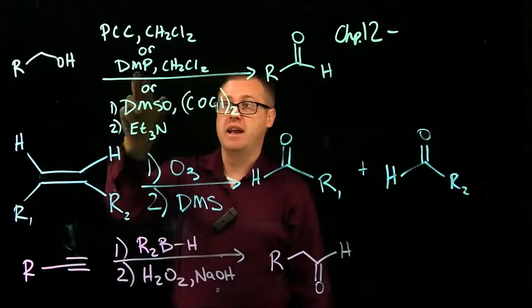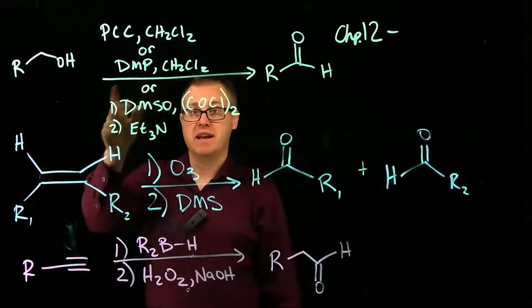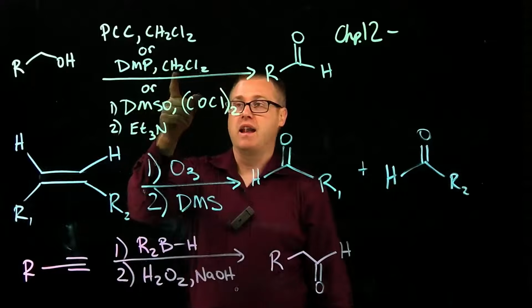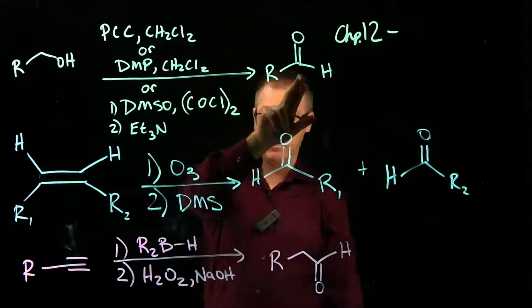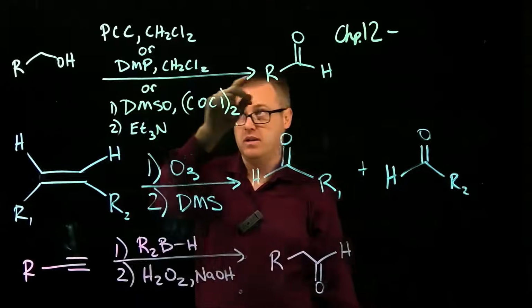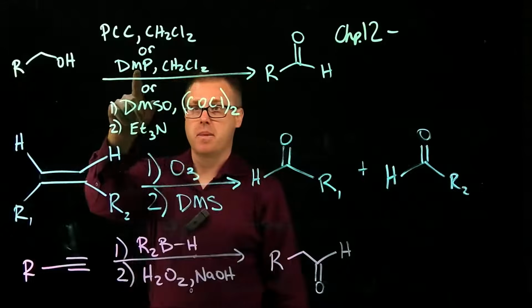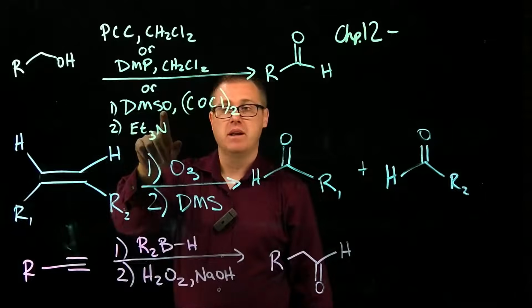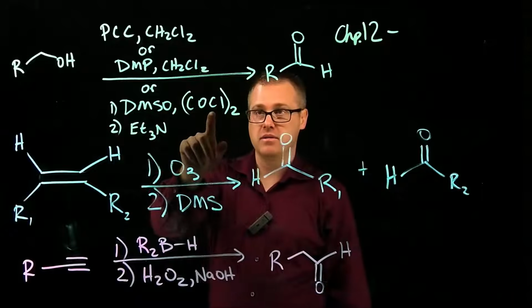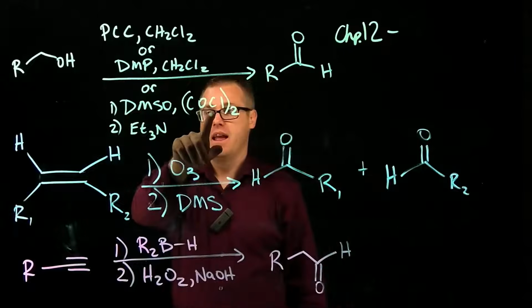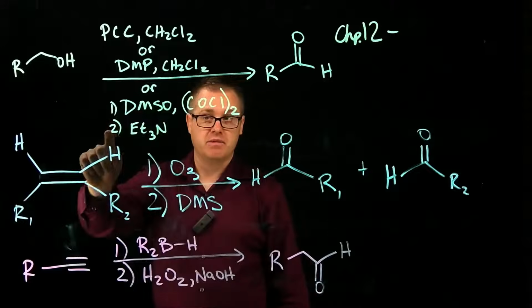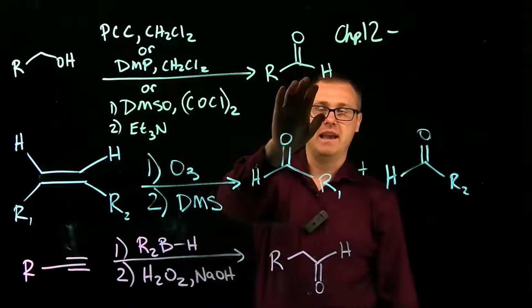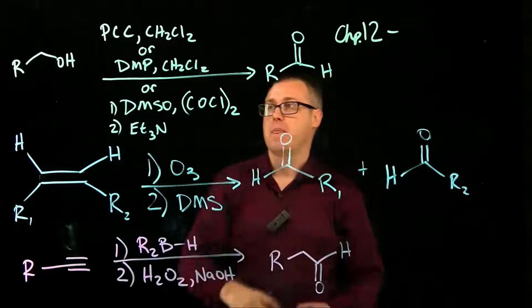Or you can use DMP, which stands for Dess-Martin oxidation. And if you use that, you get the same product. Or you can use DMSO and oxalyl chloride in step 1. And then step 2, you add the triethylamine, and then you will also get this aldehyde.